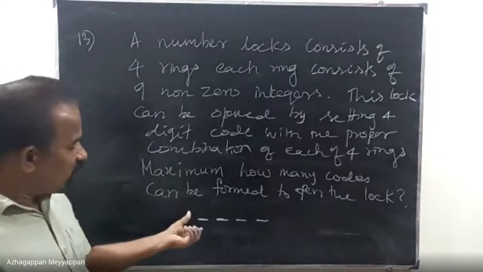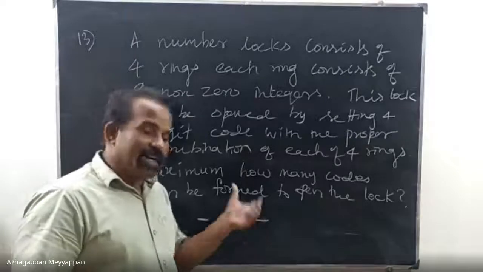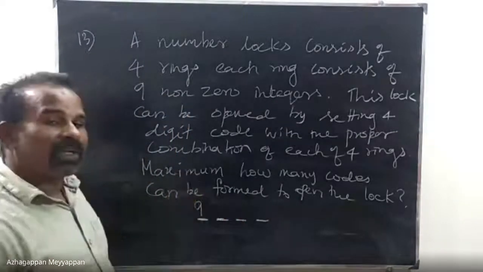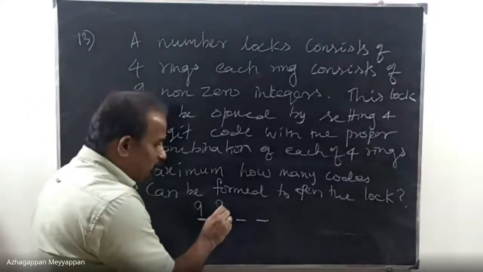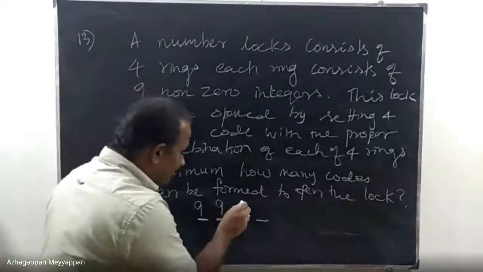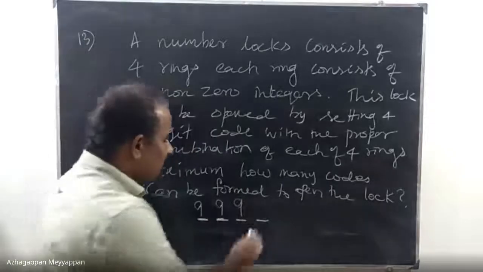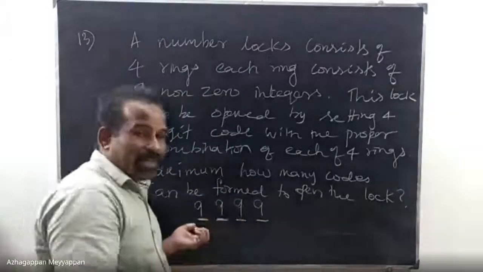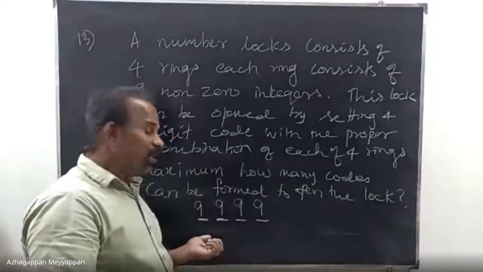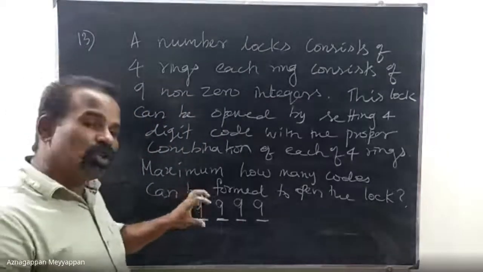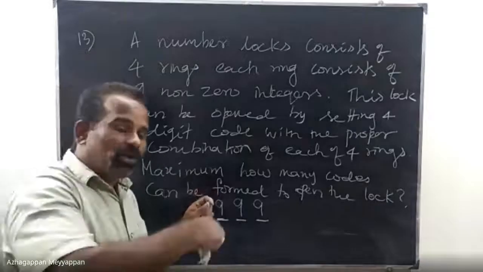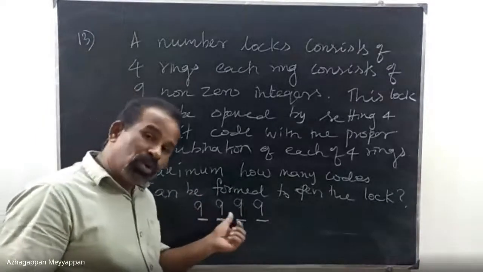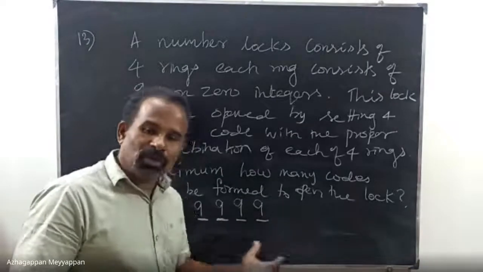Each ring consists of 9 digits, so here there are 9 possibilities, and again 9 possibilities for each of the other rings, because digits may repeat in a lock. If you rotate the ring, digits 1 to 9 come one by one, so you can arrange 1 1 1 1, 1 1 1 2, something like that.